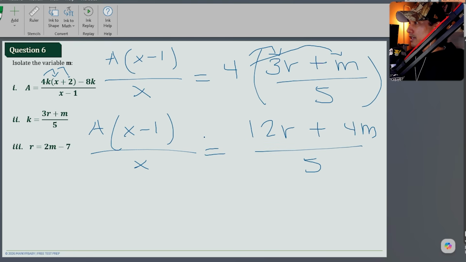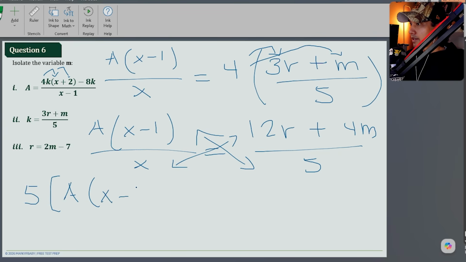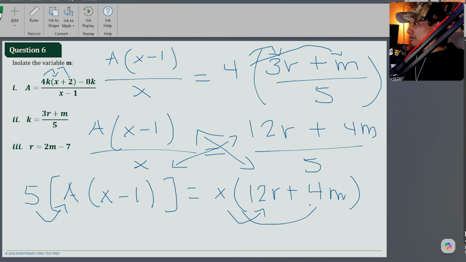And then what I'm going to do is cross multiply, giving me 5, and I'm going to put this in brackets, a(x minus 1) equaling x times (12r plus 4m). And then I'm going to distribute. And then what I'm left with is 5a(x minus 1) equaling 12xr plus 4xm.